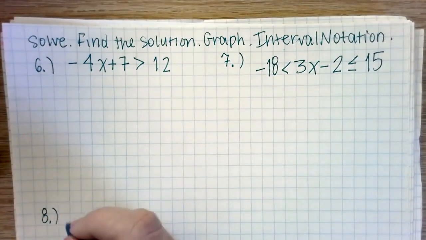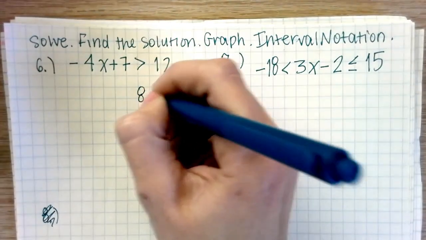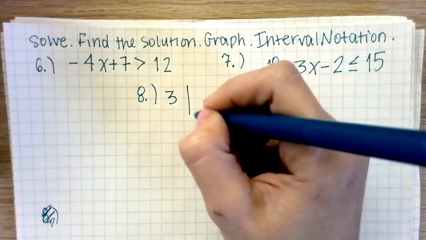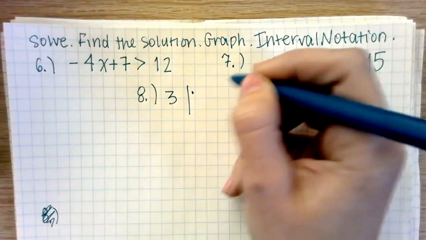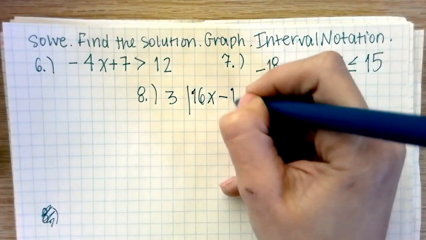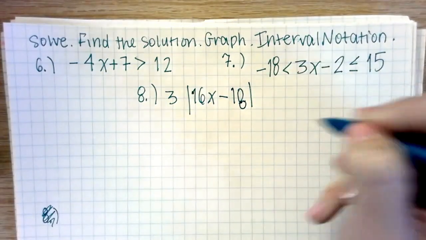Okay. Next, number 8. I don't know why I put all this space here. Number 8, an absolute value inequality. So, for example, 3 absolute value of 16x minus 12. Well, let's make it 18. No, I used 18.